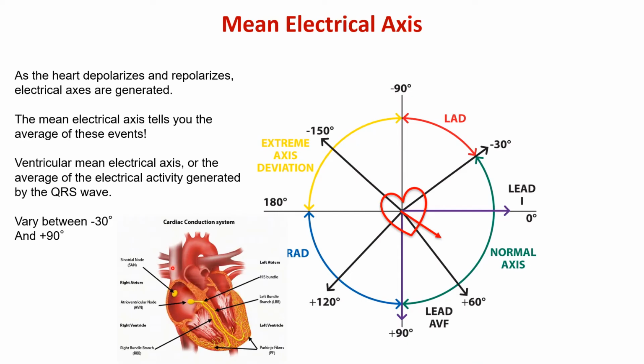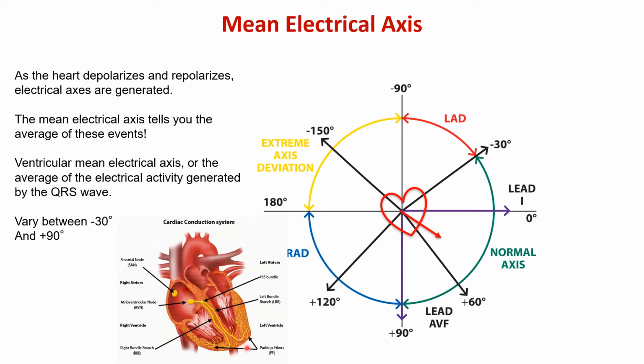The electrical impulse usually originates in the SA node, which is right here within the right atrium, and then it travels from the SA node to the AV node, and then from there it goes to the bundle of His or the AV bundle, down the bundle branches, and then to the Purkinje fibers.